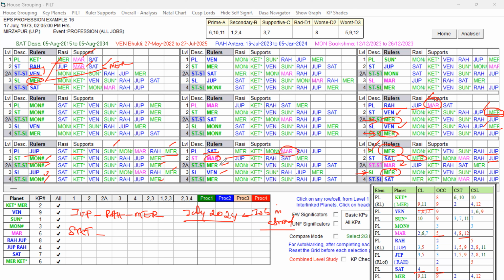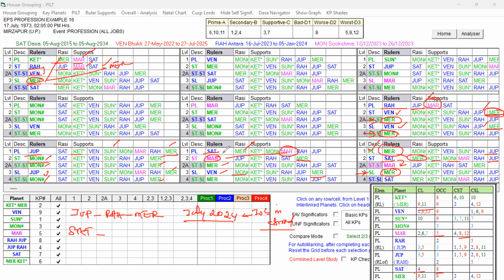Here, Mercury is supportive to the star level planet by way of ruler link, by way of star lord of the star lord, and Mercury is also playing at all levels. Mercury itself, and again it is coming Mercury. So that Mercury is supportive, and the star level planet indicates some weakness, definitely, but other levels are supported by the favorable key planet.